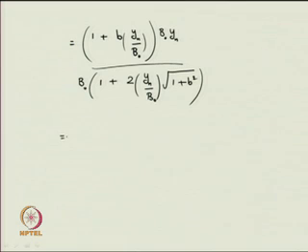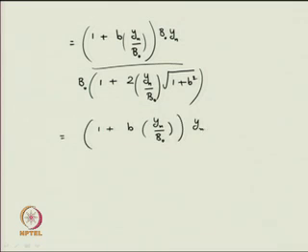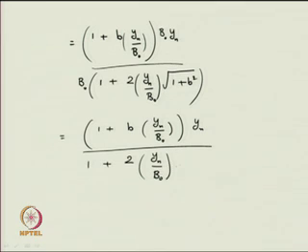Again rearranging the terms, you will see 1 plus m into y n by b naught, the whole quantity into y n, divided by 1 plus 2 y n by b naught into root of 1 plus m square. This is your hydraulic radius R.